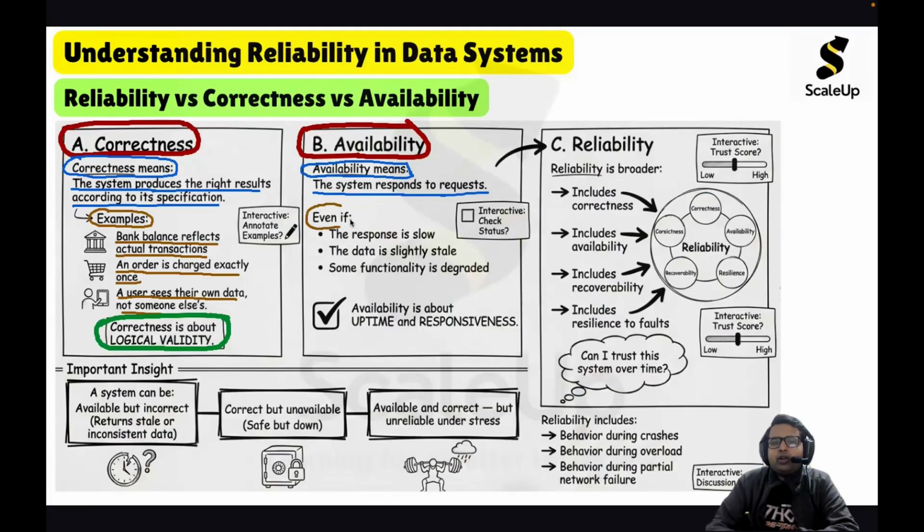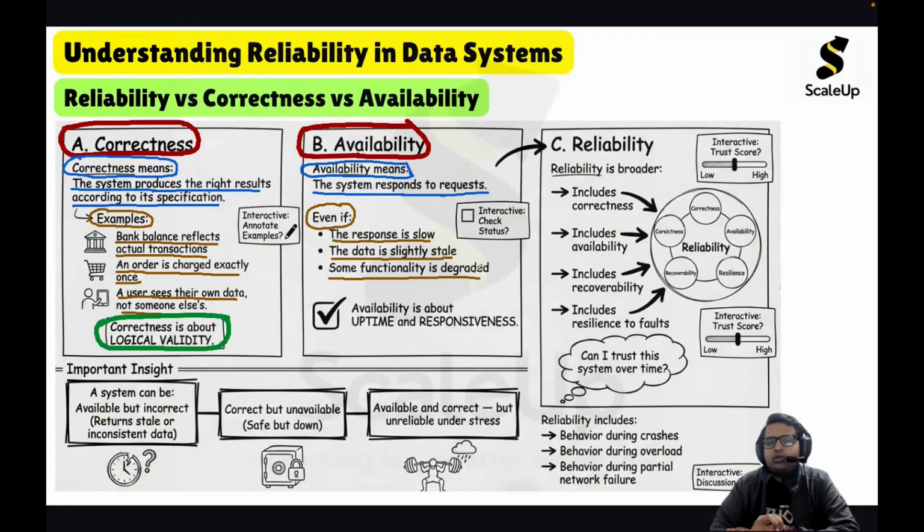One very important point: even if the response is slow, that's okay. If the data is slightly stale, slightly old, that's fine. If some functionality is degraded, that's also fine. But the core principle is that the system must respond.